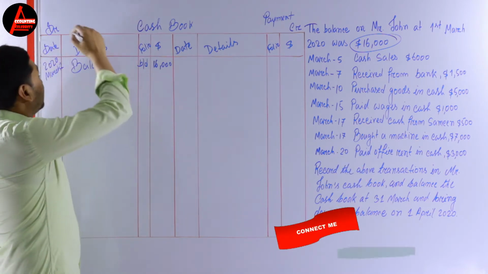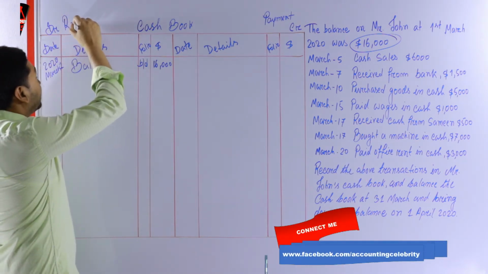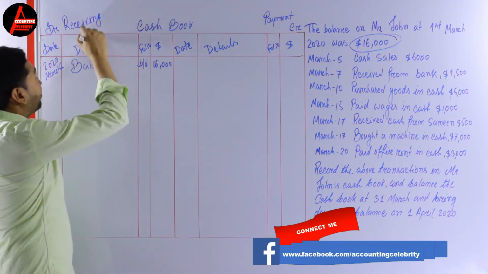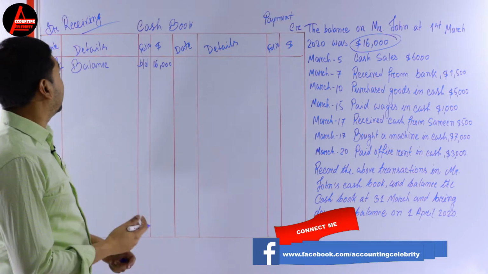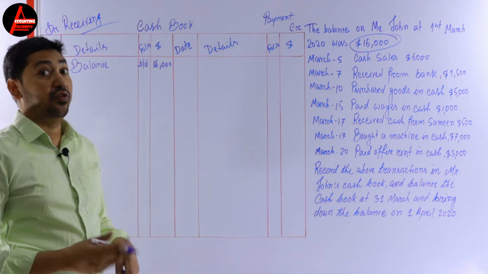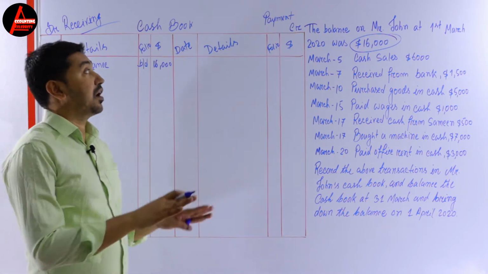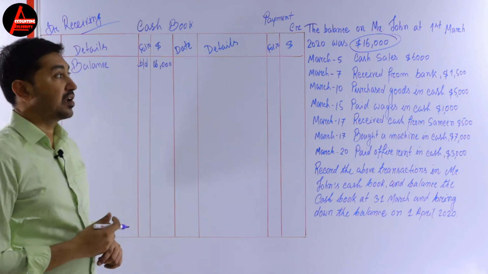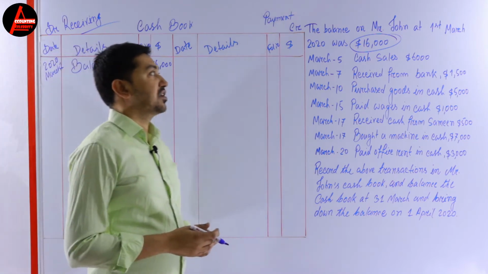So when you're receiving, you will record on the debit side. When you're paying, you'll record on the credit side. Don't forget.